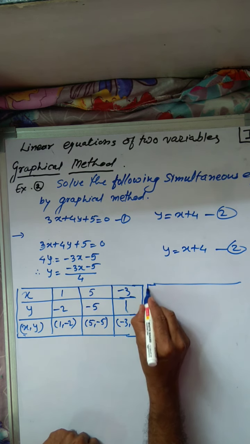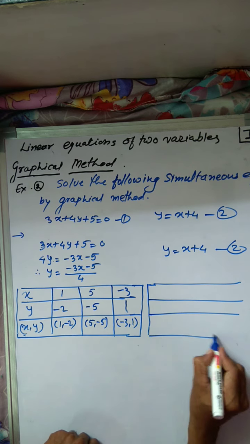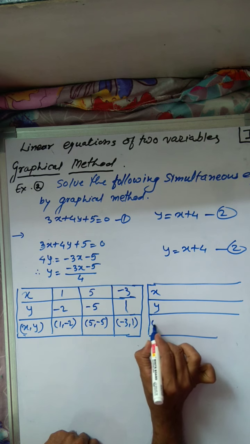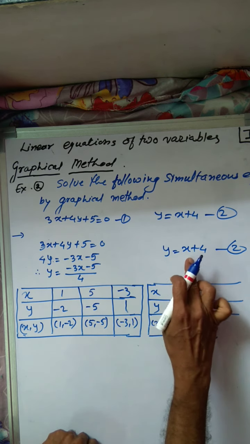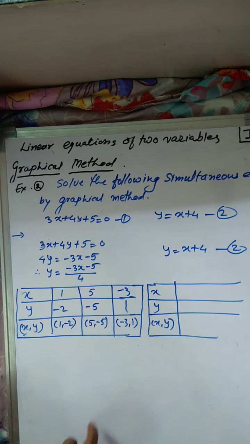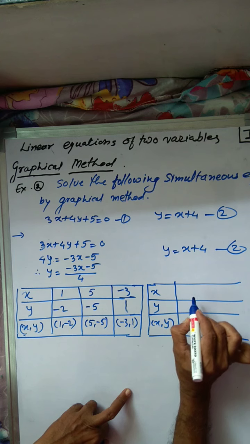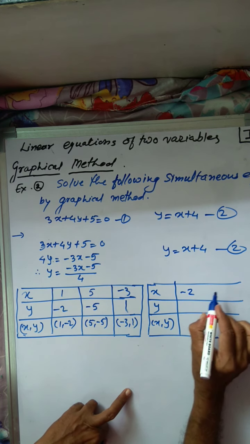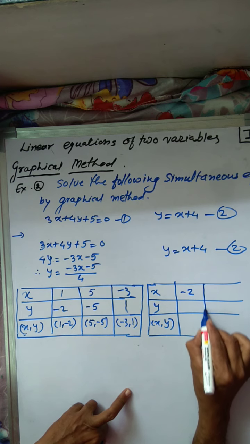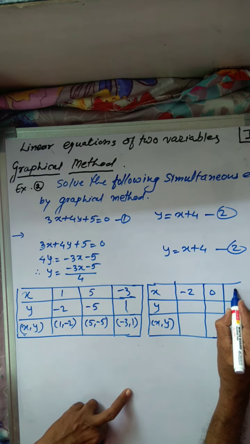We take the points x, y, we make the table. Here the value of y is in terms of x, that means we take the values of x. We take any values of x: minus 2, 0 and 1.